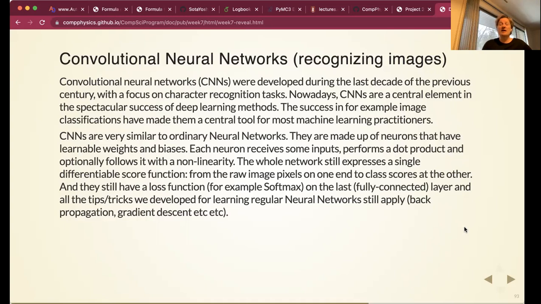So in that specific case, what you could do is to filter away some information. Convolutional neural networks have filters which reduce the dimensionality of the problem. But many of the same basic things which we have seen before, like the backpropagation algorithm, are also implemented in convolutional neural networks when we are learning the weights and the biases of the filtering itself.